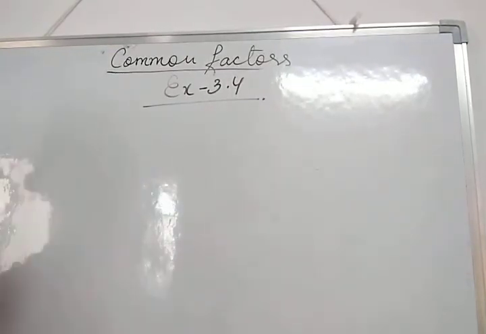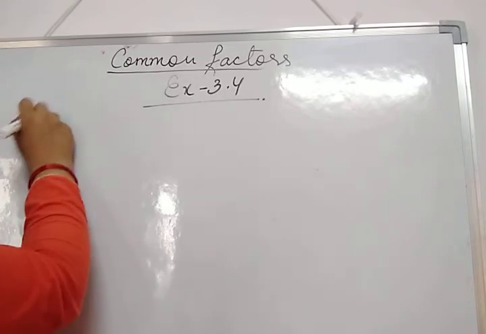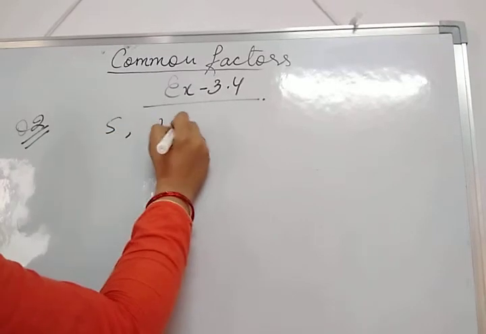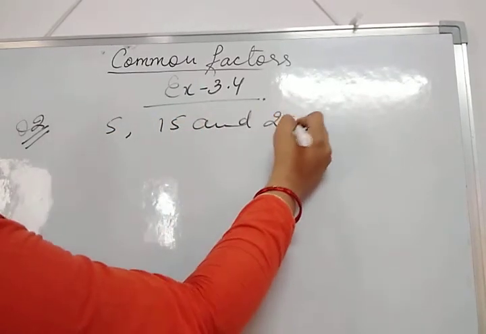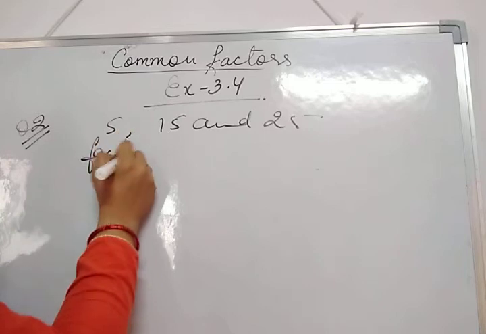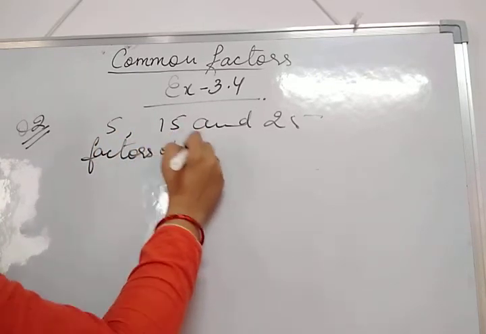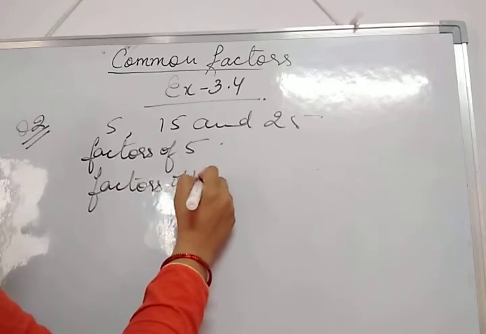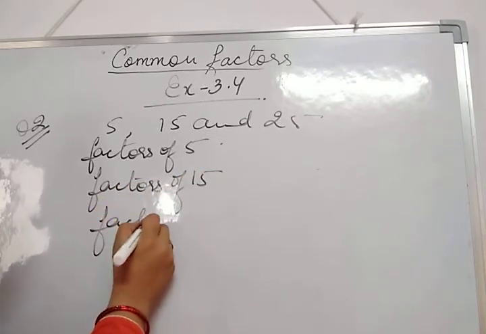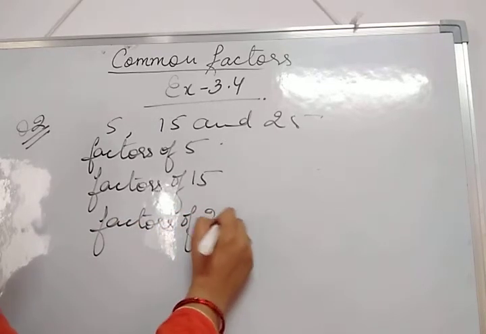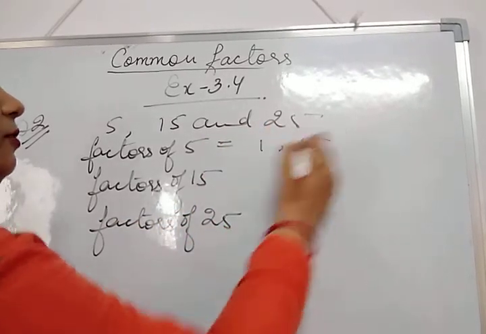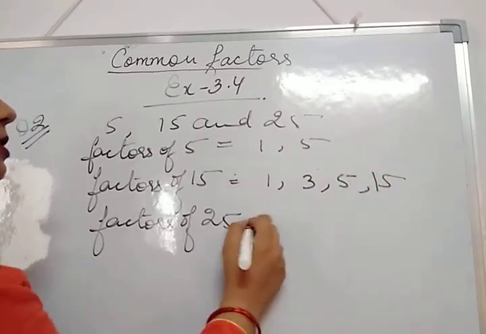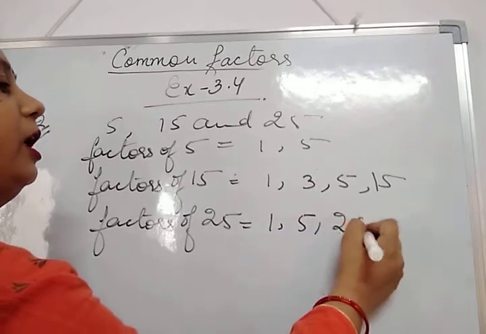If 3 numbers are given, as in question number 2, 5, 15 and 25, first we will find out the factors of 5, then factors of 15 and then factors of 25. 1 and 5; 1, 3, 5, 15; 1, 5 and 25.